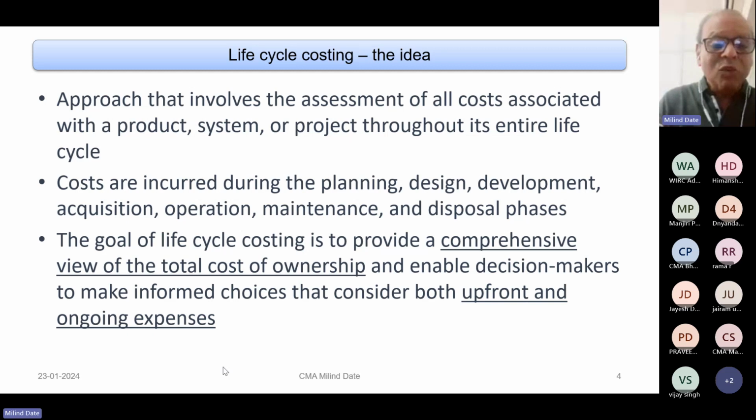But what is sold is the way in which the seller would convince the buyer that in case that car is purchased, the total cost of ownership is the minimum most. So this kind of information will certainly facilitate and sensitize the decision makers to make informed choices.